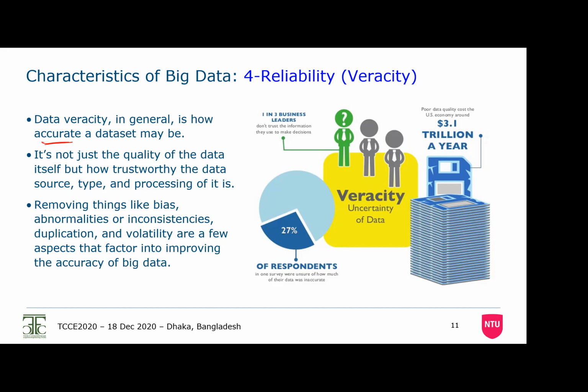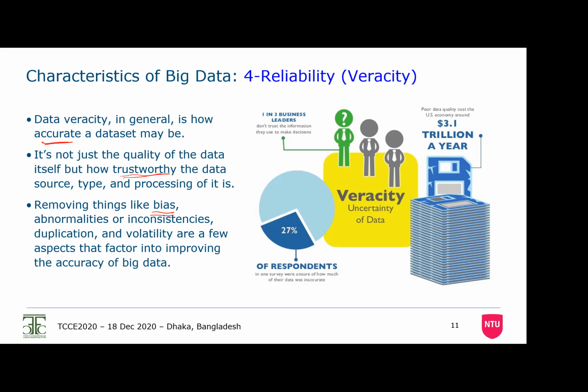So making sure that the data is trustworthy and unbiased, and that there are no abnormalities or inconsistencies in the data, is very important. As a response to it, actually 27% of the chief executives of the world's leading organizations are very reluctant to trust the data as is.